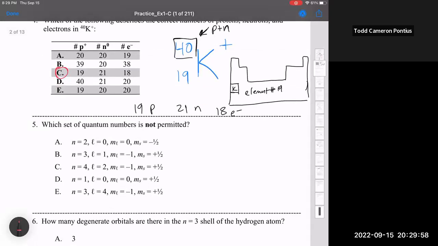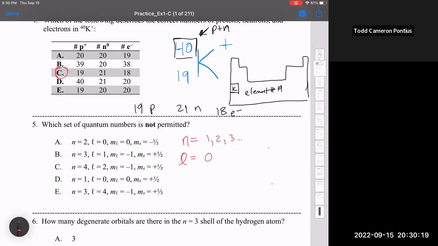Which set of quantum numbers is not permitted? All right, so the rules for quantum numbers. n can be any positive integer: 1, 2, 3, et cetera. l, the azimuthal quantum number, is limited by the value of n.